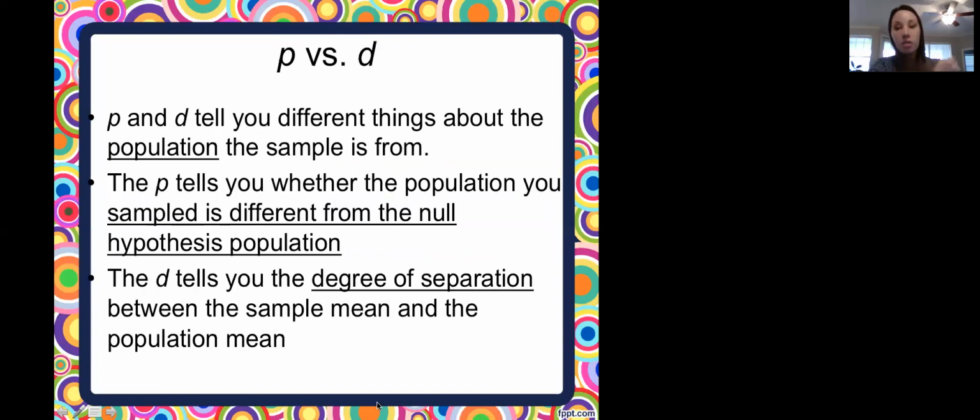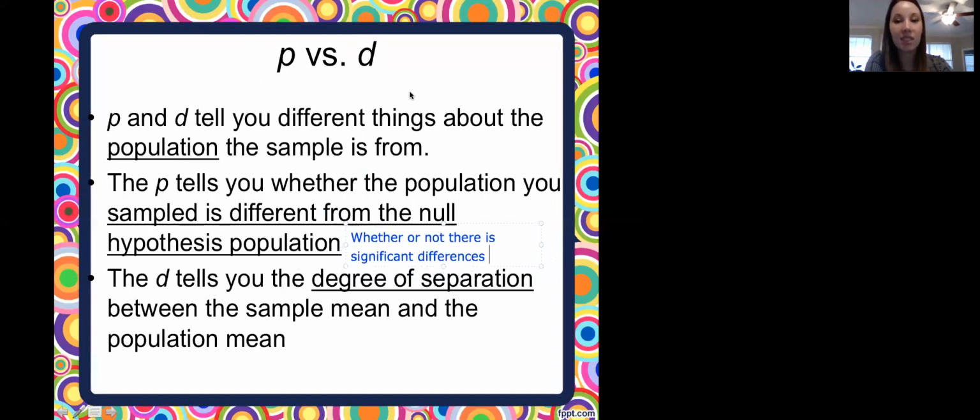So P, which is the probability of our null hypothesis being true given our observed data, and D, which is our effect size, tell you different things about the population the sample is from. So P tells you whether the population you sampled is different than the null hypothesis population. So in other words, this tells you whether or not there is a significant difference.